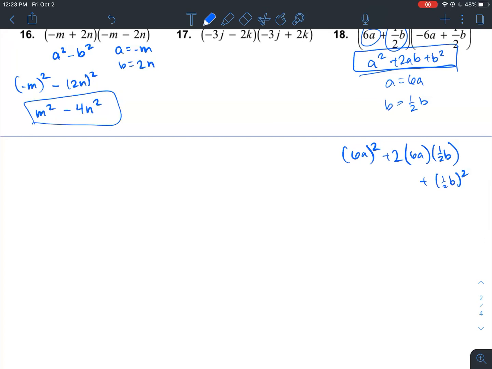So 6a squared should be 36a squared, plus 2 times, so we have 6a and 1/2 b. So 6 times 1/2 would be 3, and then a times b. And then for the last term, it's 1/2 b squared, which would be plus 1 over 4 b squared. And then we can still simplify this even further, because right here, this is all being multiplied.